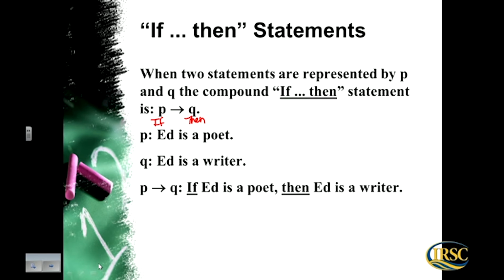If Ed is a poet, then Ed is a writer. All right, so for your next example, notice that the letters have been reversed, but the first part is still your if part. Whatever letter comes first is your if part. Whatever letter comes second is your then part.